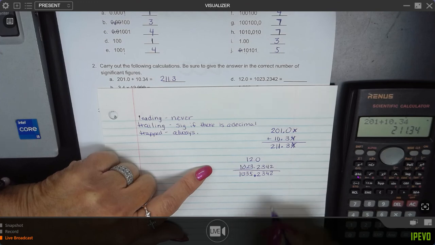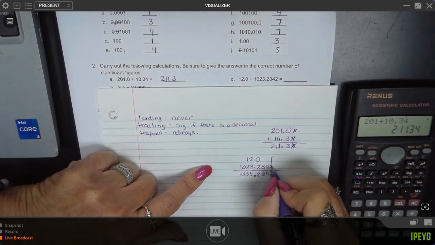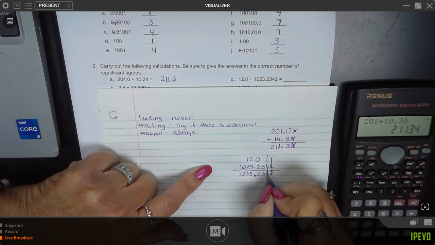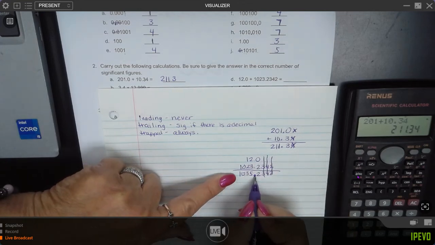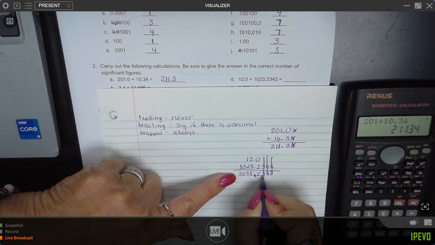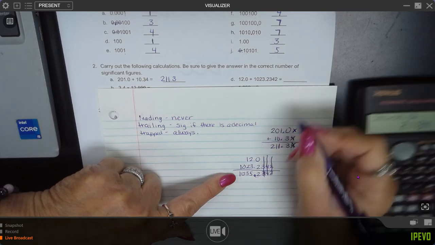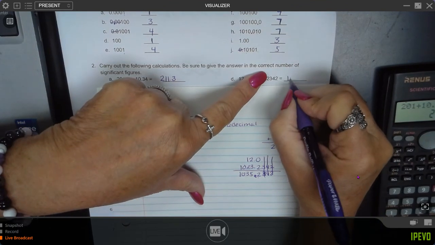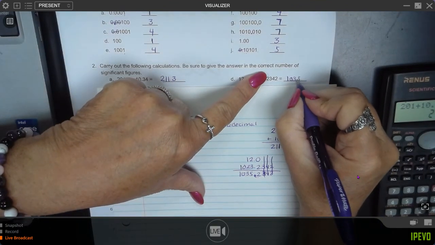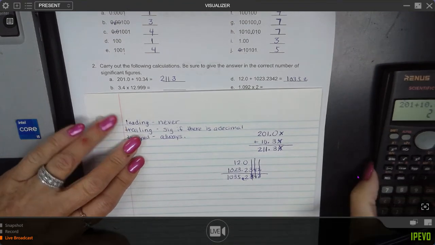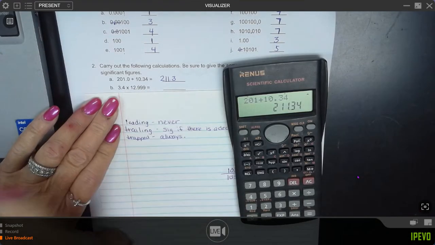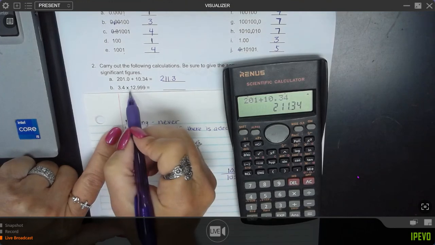All right, there is not a significant digit in these columns. So my answer is going to be 1035.2. If this 3 were 5 or greater, we would round up. Okay, so here we go, 1035.2.